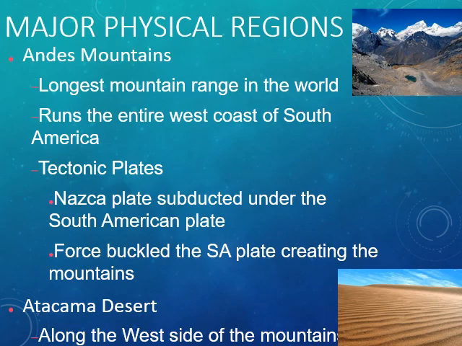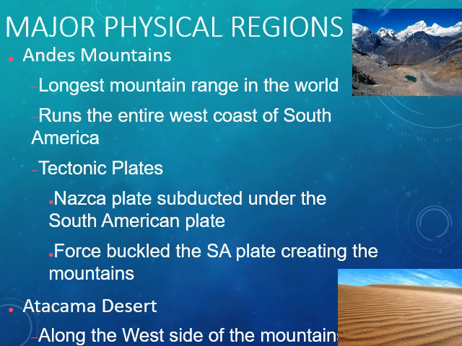The Andes Mountains were created because of the tectonic plates. What happened is the Nazca plate started to subduct under the South American plate about 80 million years ago. As this Nazca plate was going underneath the South American plate, it was obviously causing volcanoes and all of those things that happen when a plate subducts or goes underneath another one.